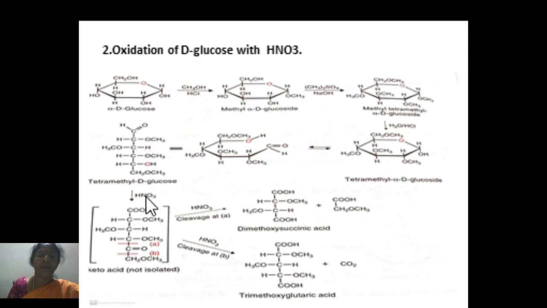This, upon oxidation with nitric acid, undergoes cleavage at two probable positions A and B. If the cleavage occurs here, the major product is dimethoxysuccinic acid. If the cleavage occurs at this position B, then the major product is trimethoxyglutaric acid.